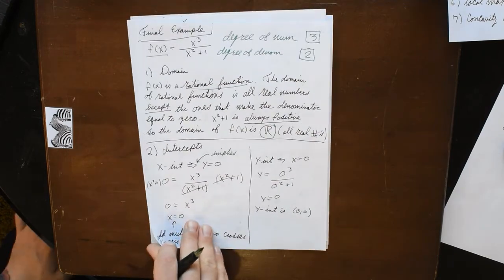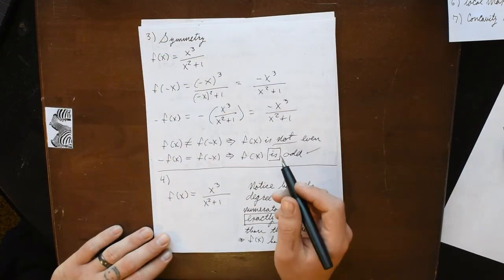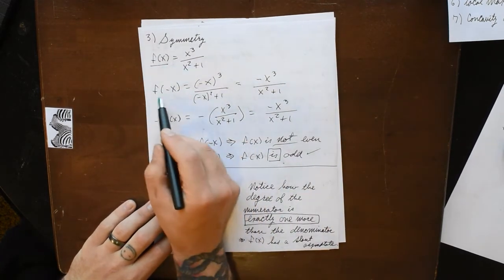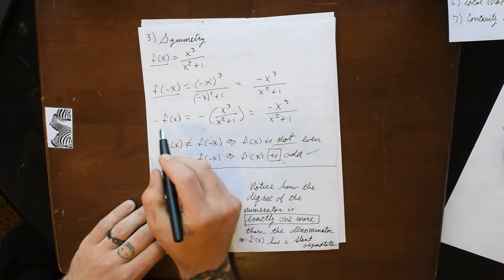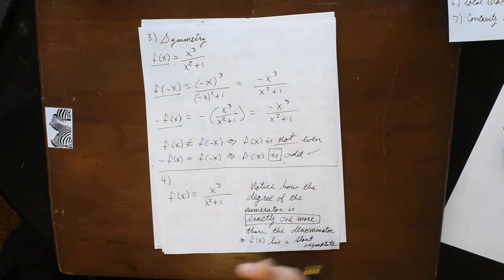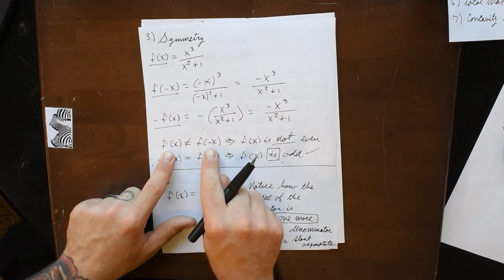So, moving on, after we find our intercepts, now we test for symmetry. To test for symmetry, you need 3 things. You need an f of x, you need an f of negative x, and you need a negative f of x. Once you have all 3 of these things, it's a compare. You compare f of x with f of negative x. If they're equal, it's even.